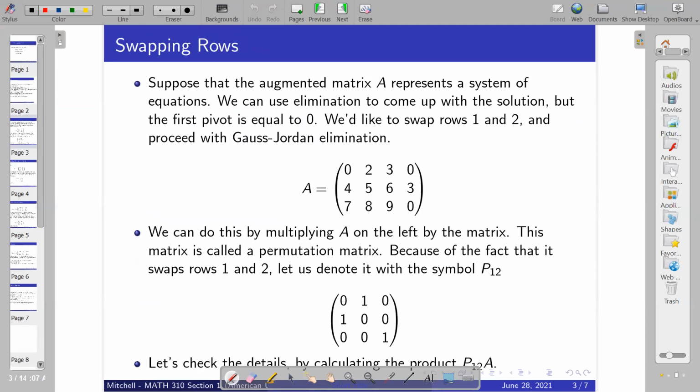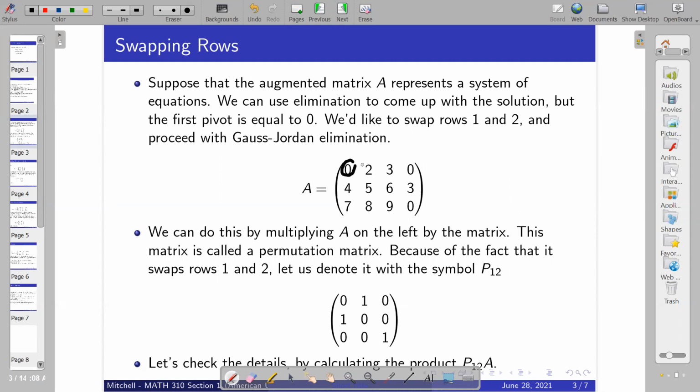So let's just start with the matrix A. This particular matrix, you'll notice, is coming from some system of equations, probably. Maybe it's an augmented matrix. If you're thinking about how to row reduce it using Gauss-Jordan elimination, you would generally start at the first pivot. But the problem with this particular matrix is that the first pivot is 0.